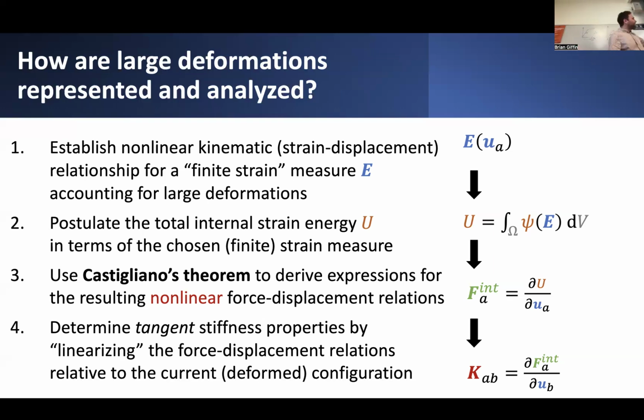How exactly would we come up with an expression for the stiffness matrix? But we can't do any of this. We can't do these subsequent steps of coming up with a nonlinear geometric finite element method unless we start from number one, unless we come up with this new nonlinear relationship between strain and displacement. So how exactly do we do that?